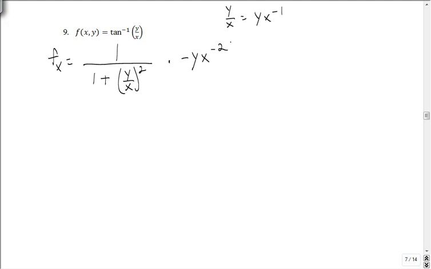Exactly. Now you know we have to simplify that, right? I don't have much space, so let me write that there. Let me simplify this first fraction here, complex fraction. So this is 1 over 1 plus y squared over x squared, and I'm going to write this as minus y over x squared.